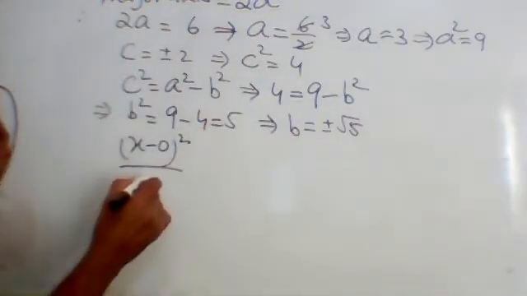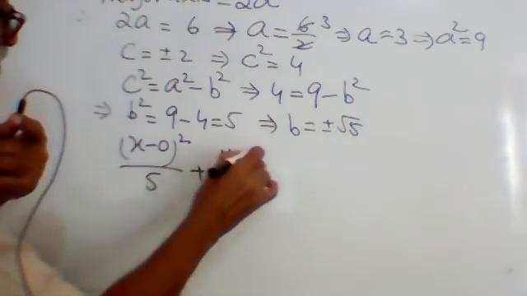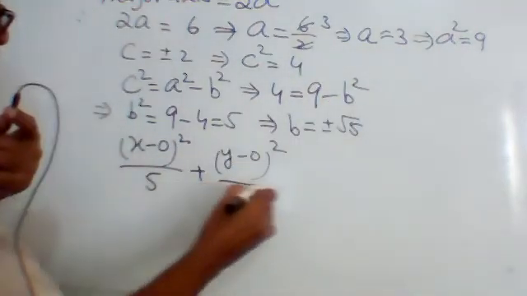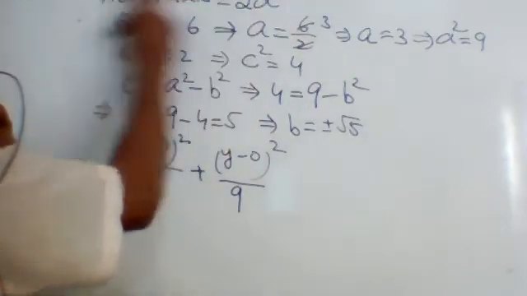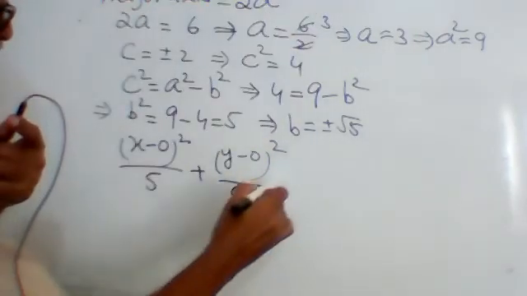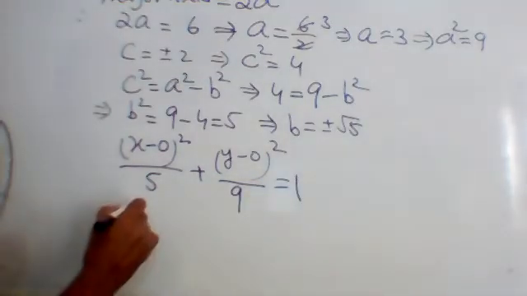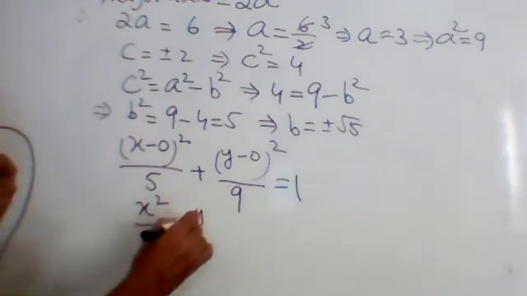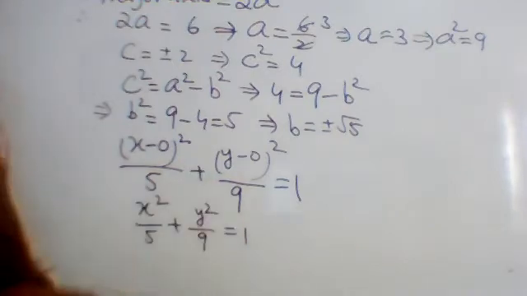So it will be x square upon 5 plus y square upon 9 equal to 1. The larger number will be under y because the major axis is along the y axis. So the answer is x square upon 5 plus y square upon 9 equal to 1. This is the required equation.